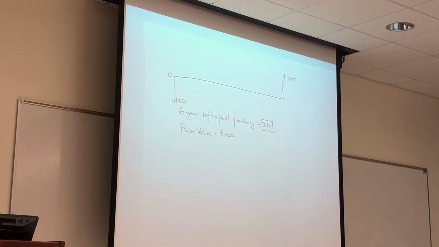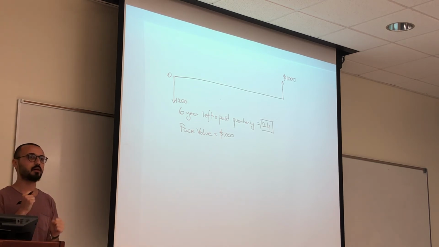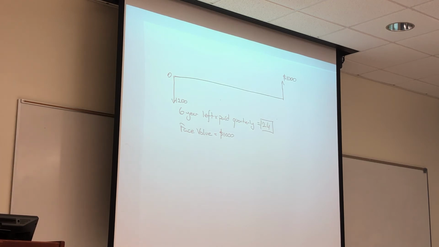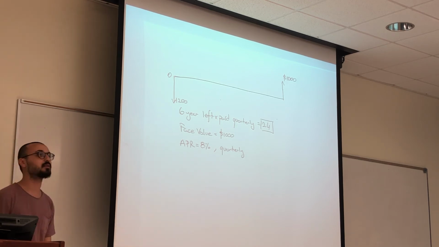Now we need to find the payment that we're gonna get every quarter, because it's paid quarterly. So we have an APR of 8% compounded quarterly. We need to do all that compounding stuff that everyone hates, I guess.